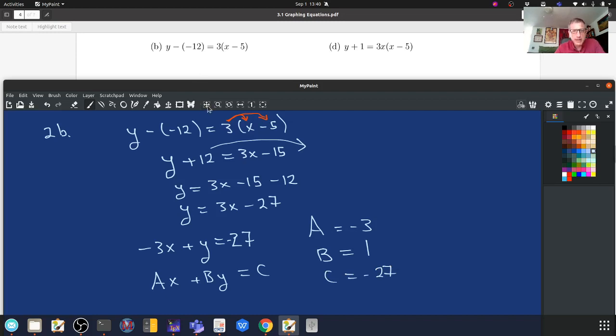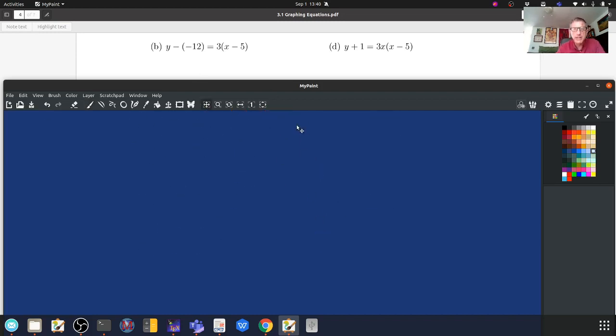And let's look at our final one, number D. Again, an interesting example. So I have y plus 1 is equal to 3x times x minus 5. So that gives me y plus 1.